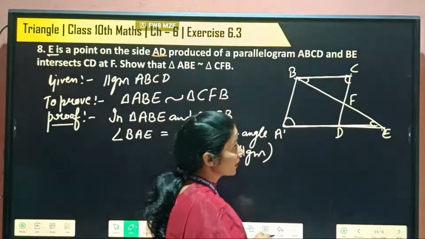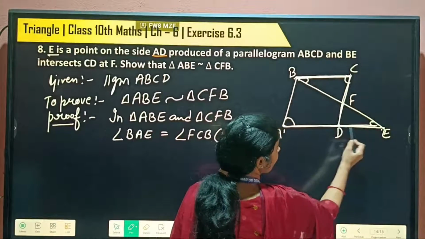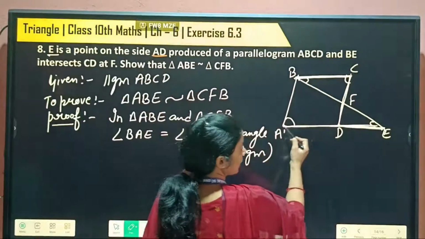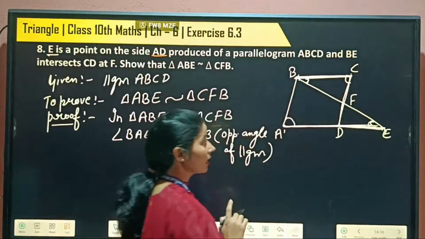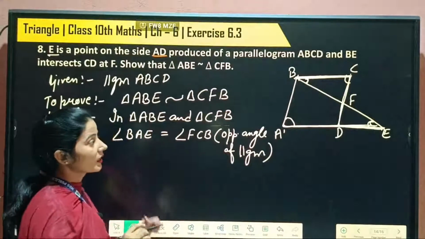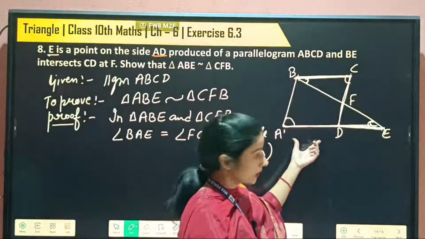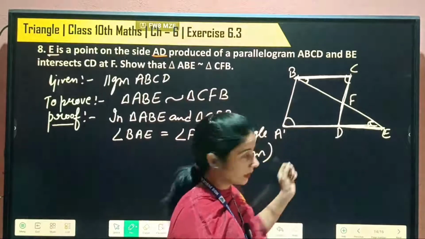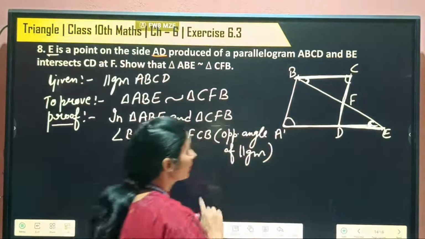These are alternate interior angles. Let us see. These two sides are parallel and these are also parallel. So these angles will be vertically opposite angle, alternate interior angle. As BC is parallel to AD, means if you extend till E, then it will be parallel to AE, and you will get angle B equals angle E.